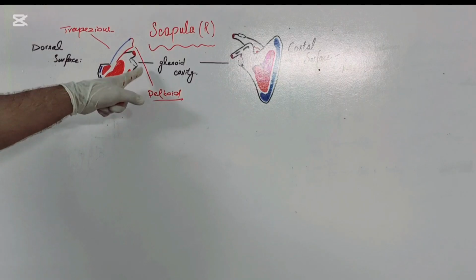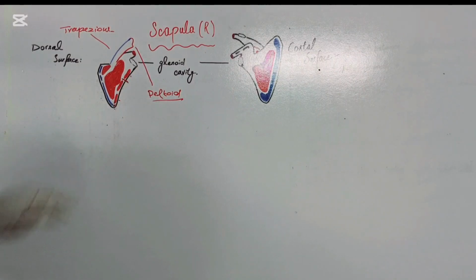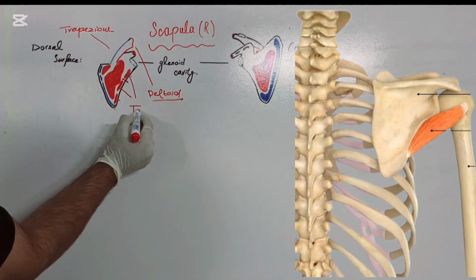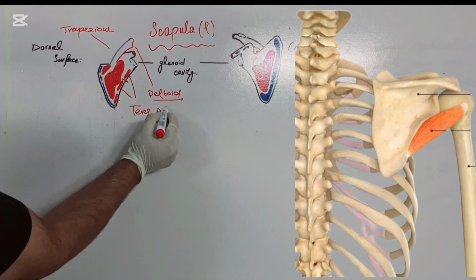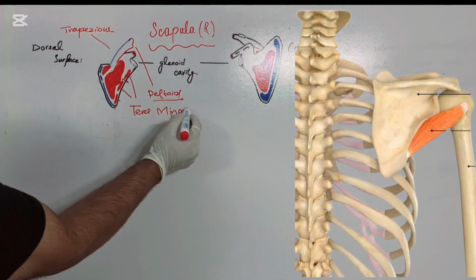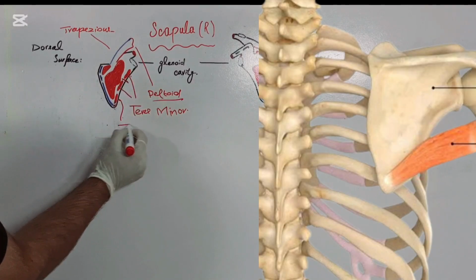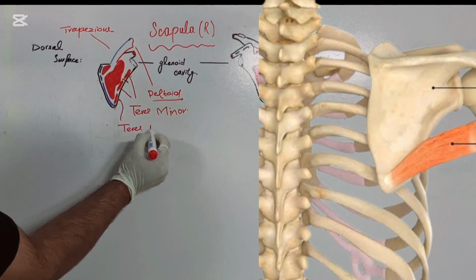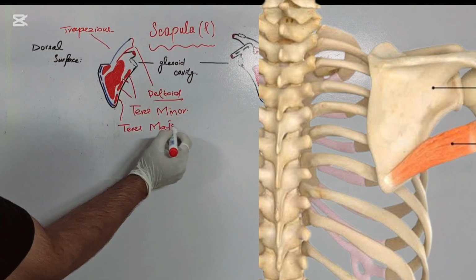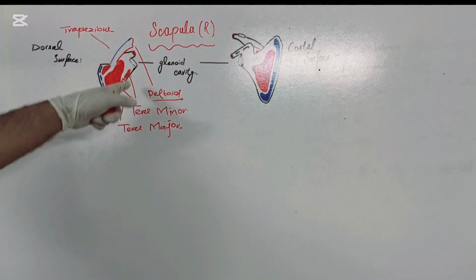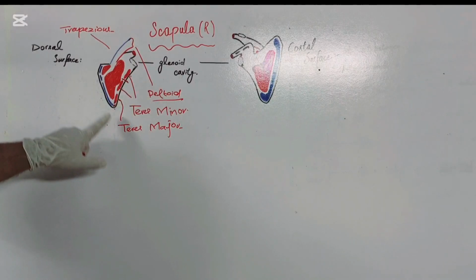Moving towards the lateral border of the scapula, here we have teres minor muscle, and below the teres minor there is a teres major, which is an originating muscle and originates from the lateral border, below the teres minor, of the scapula.